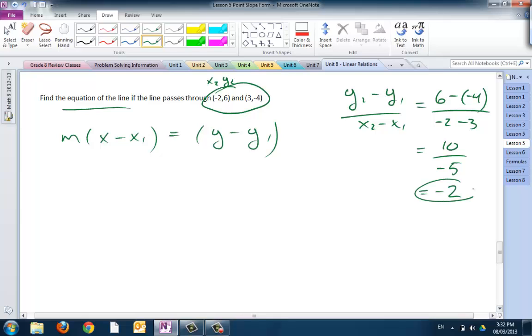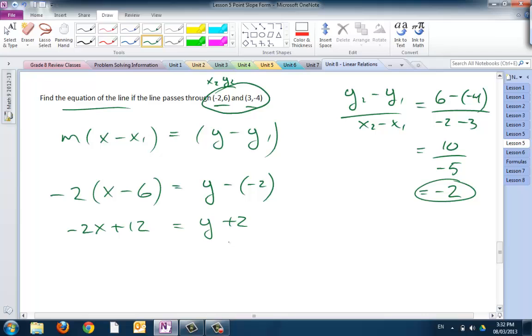So now that I've got that, well, I can plunk that in over here and go minus 2 onto x minus. Now for my x1, y1, does it matter which one of these I use? No, they'll both work. So I'll use the first one again. So that's x minus 6 is equal to y minus a minus 2. I get negative 2x plus 12 when I distribute that in equals y plus 2.